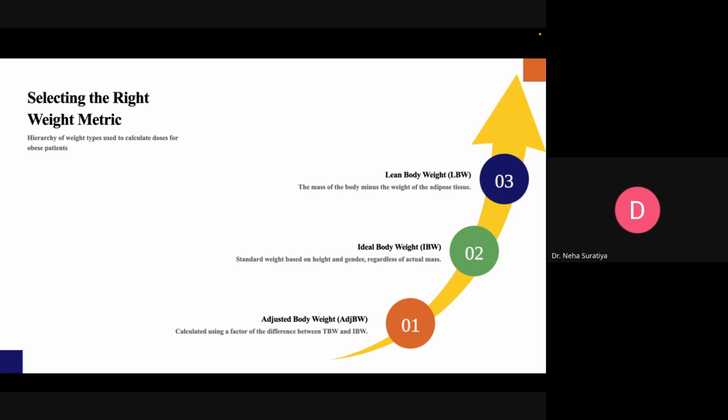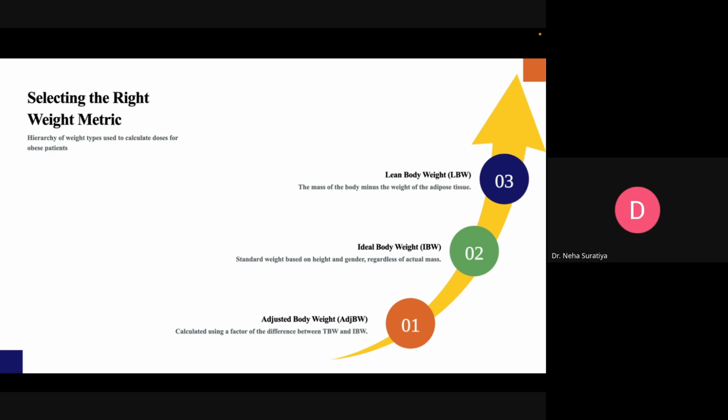Okay, so let me give you the idea about selecting the right weight metric and how to calculate. This slide is extremely important for your understanding. So we have three weights here: total body weight, ideal body weight, adjusted body weight, and another, lean body weight. Ideally we have four, and the major ones are these. Total body weight you already understood, for the normal patient you use total body weight.